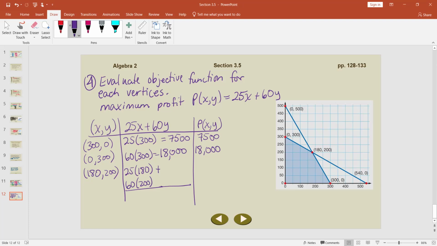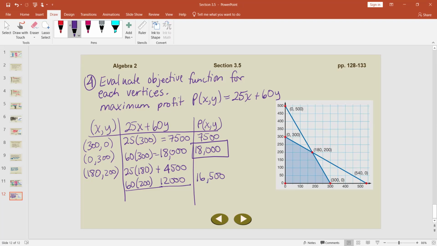I'm not going to try to do that. 25 times 18 is 450, so 4,500. And then this one, 6 times 2 is 12 with 3 zeros. So 4,500 plus 12,000 gives me 16,500. So that means that the 18,000 is my max profit.